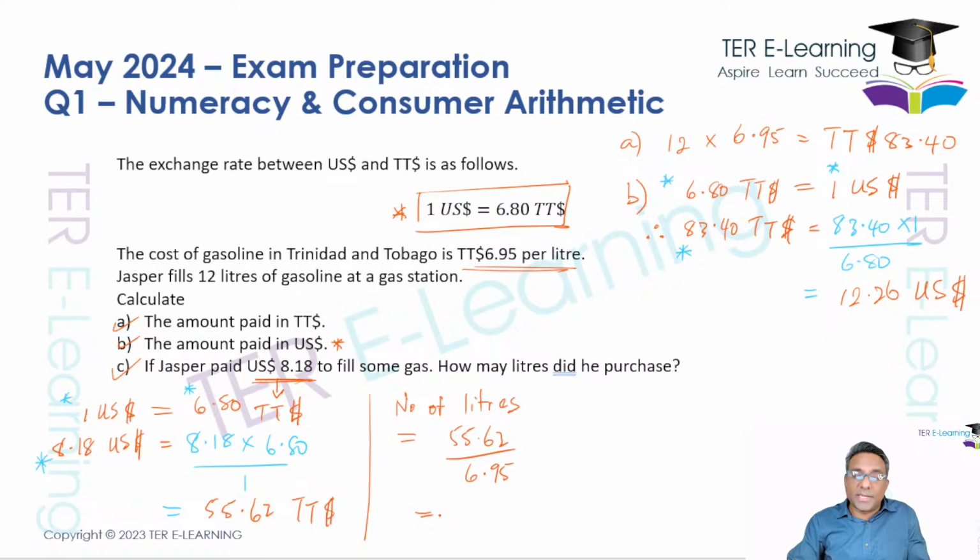And I'm getting approximately 8 liters. So that's the amount of gasoline that he purchased for this $8.18. Right, so some of you all worked it out, great.